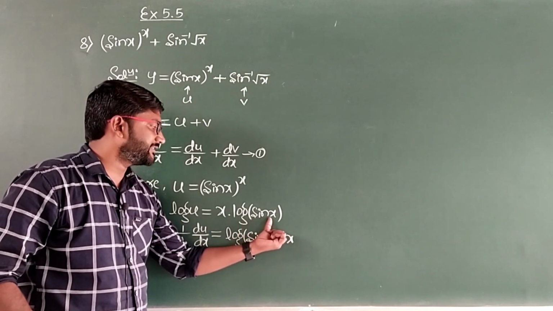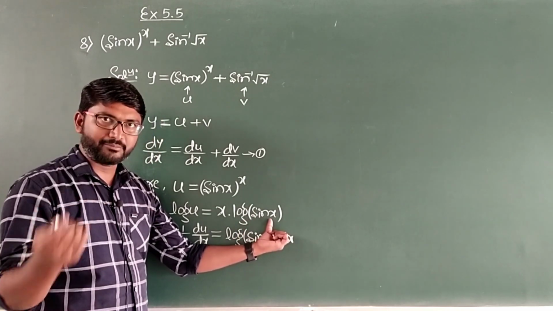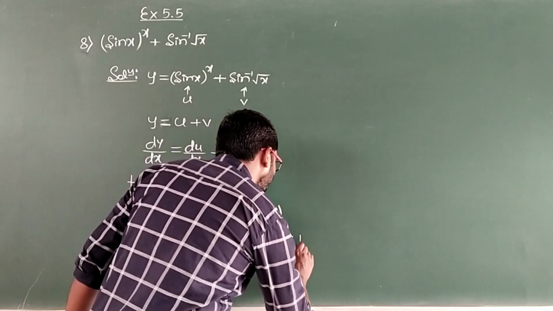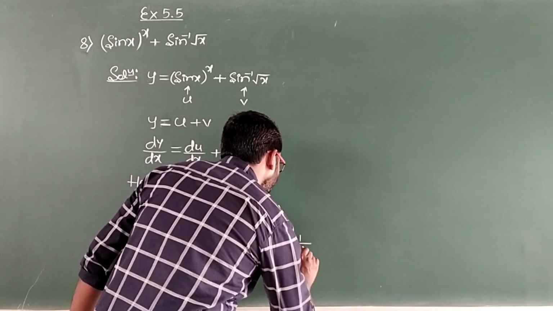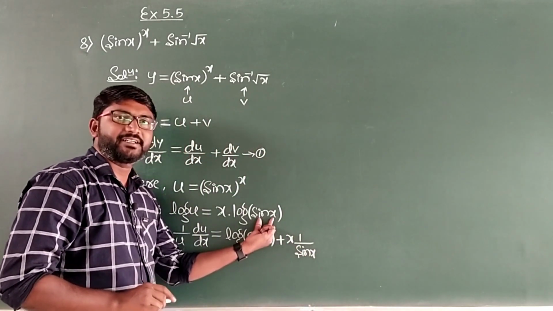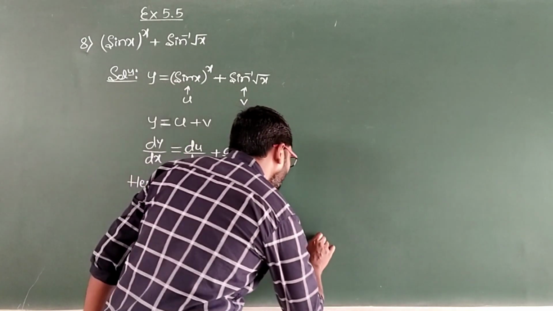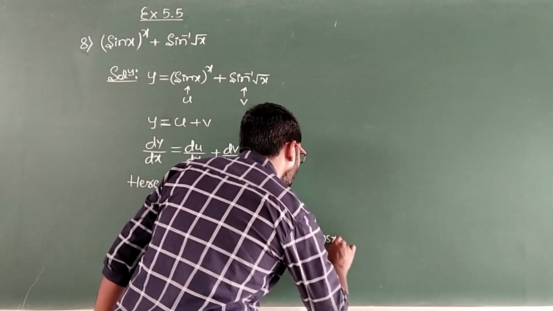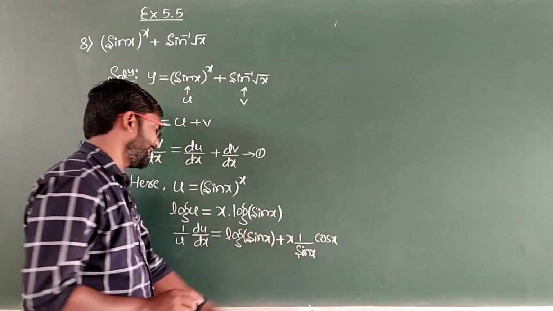Derivative of log sin x is 1 by sin x into the derivative of the inside function, derivative of sin x, which is cos x. Let us simplify this in the next step.